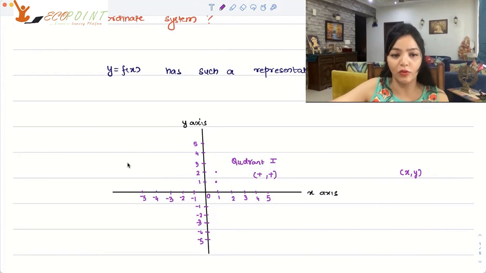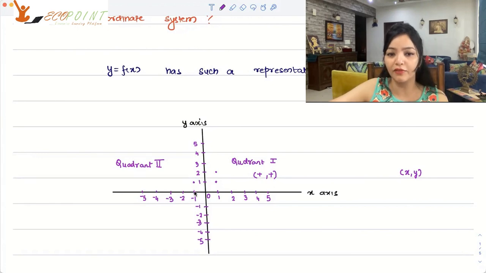Now where is the second quadrant? To the left of the first quadrant lies the second quadrant. And clearly you can see what kind of numbers you will find in this quadrant. The y values are positive, but the x values are negative.